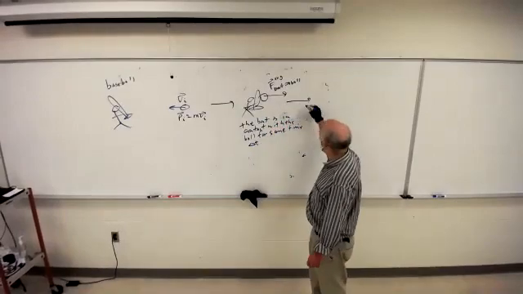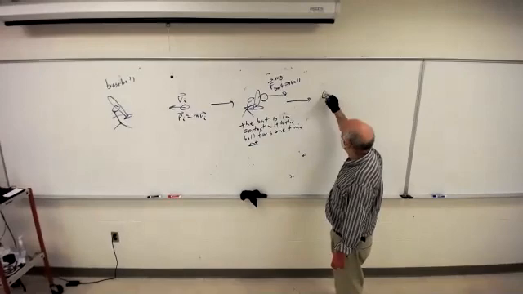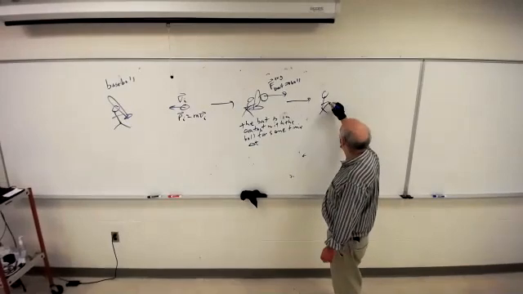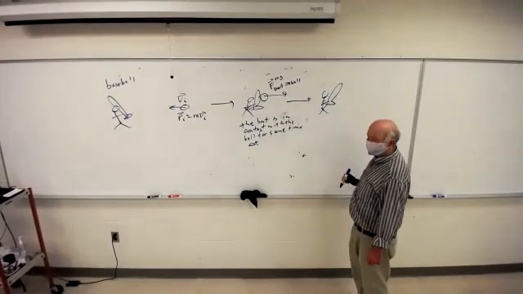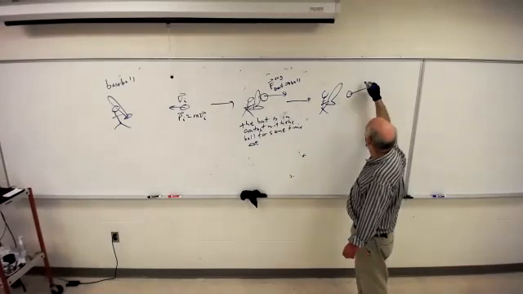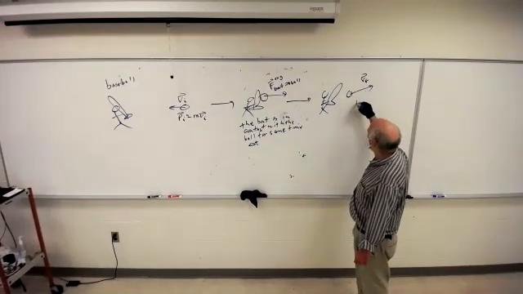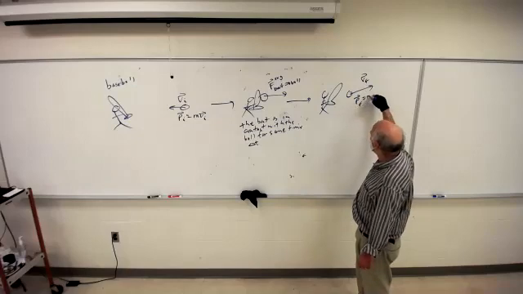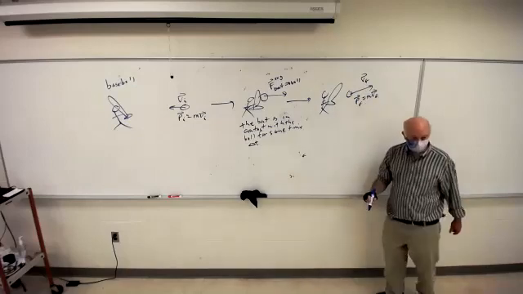What's the next part? He follows through, the bat goes through, and then the ball goes off like this. This is some velocity v final, so your final momentum is m v final.